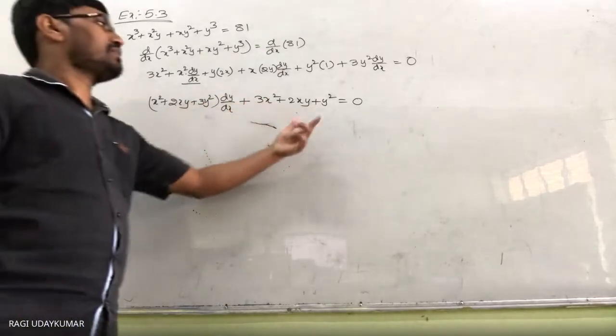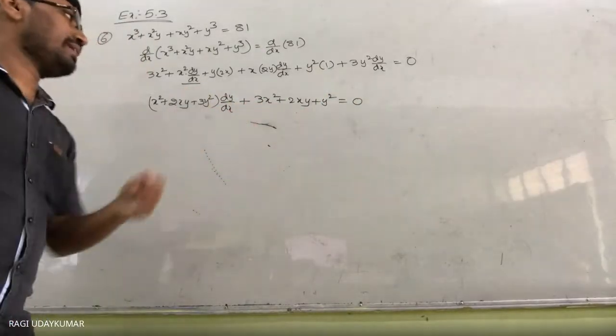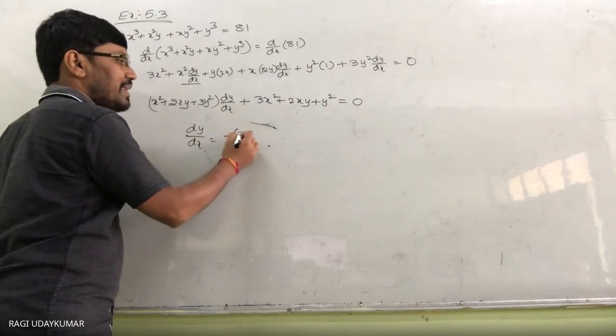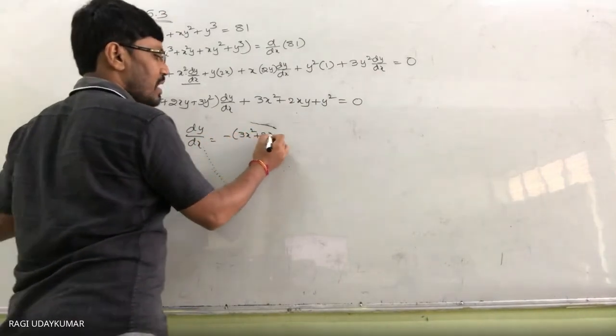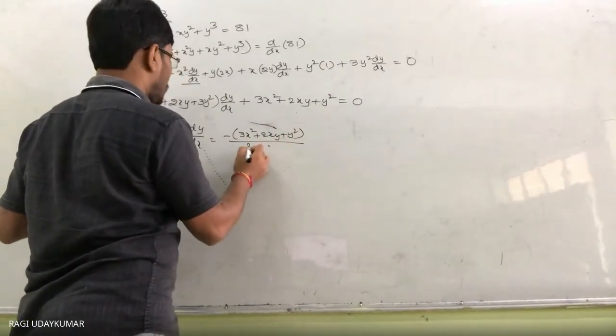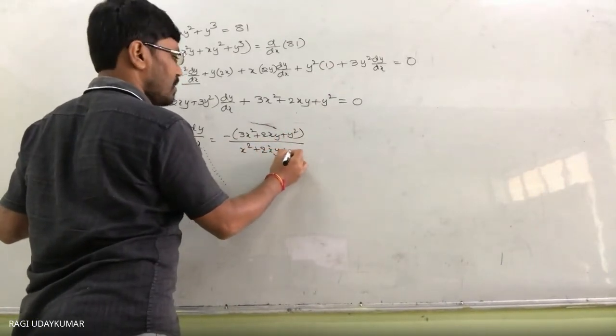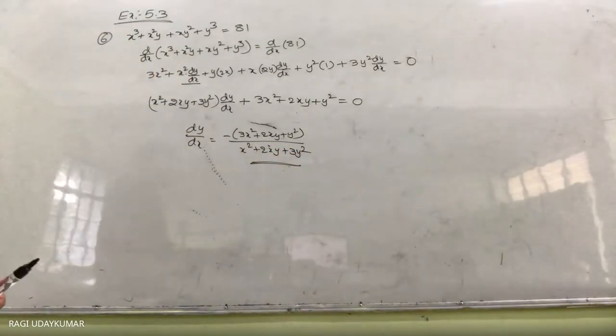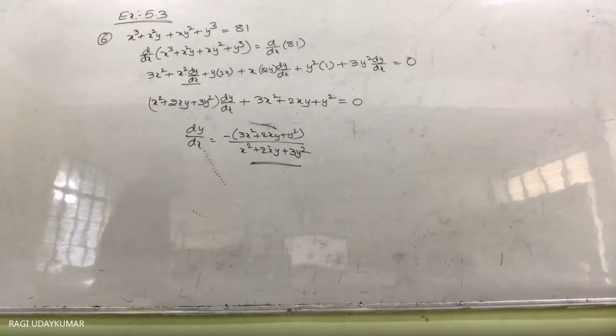Take this completely to the right hand side. So what do you get from this? dy by dx is equal to minus (3x square plus 2xy plus y square) divided by (x square plus 2xy plus 3y square). See, it is simple only, it's lengthy here, but it is not more complicated.